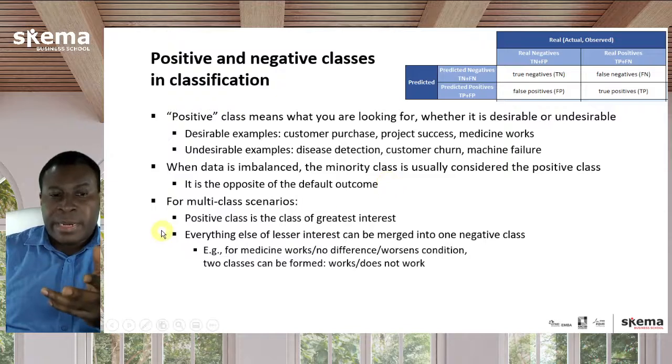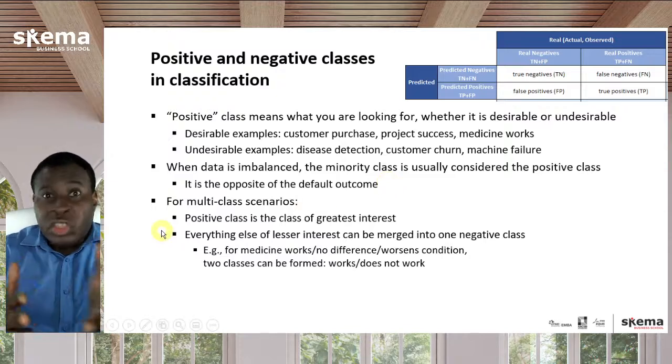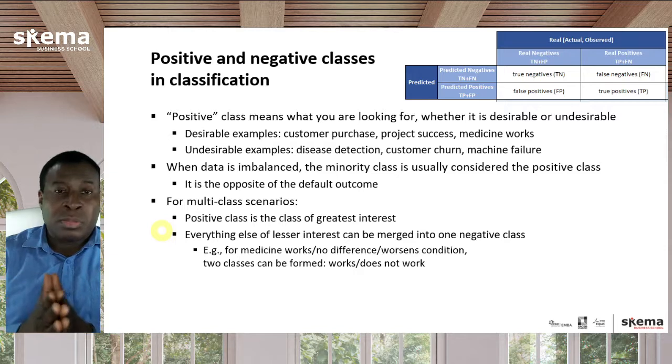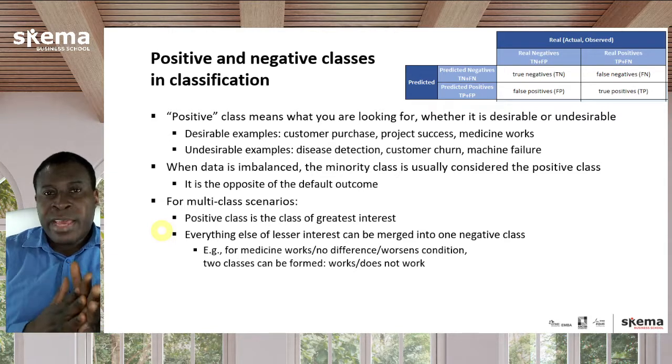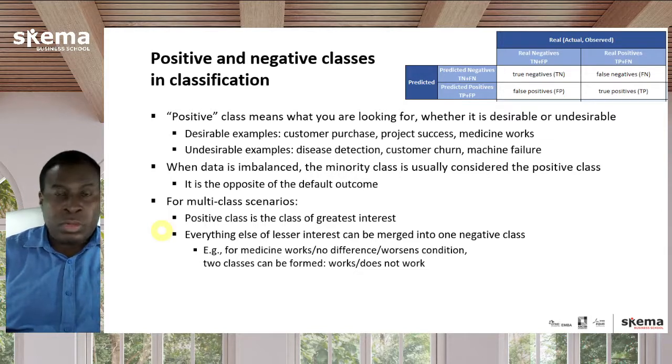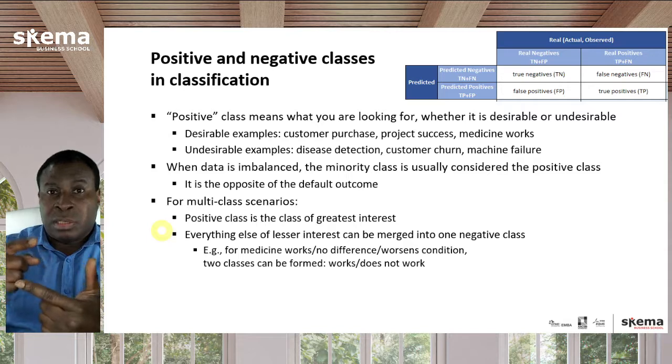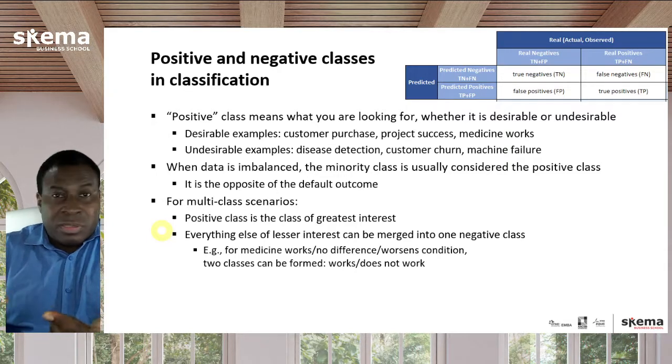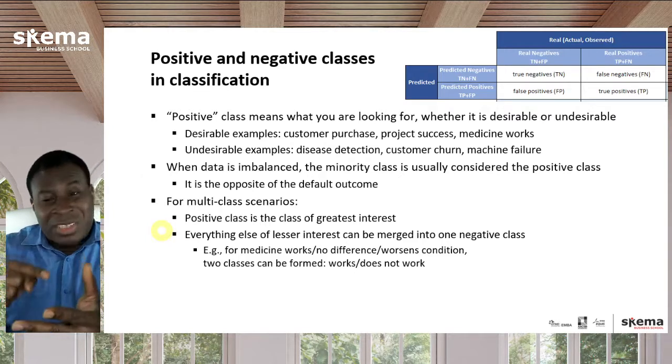For multi-class scenarios, when you have more than just two classes, yes or no, maybe classes A, B, and C, the positive class becomes the class of greatest interest. Of all the different groups, which one are you most interested in? For example, if you're studying whether a certain medicine works, and the possible outcomes are that the medicine works, or there's no difference and the patient doesn't change, or the medicine actually hurts the patient and they get worse.